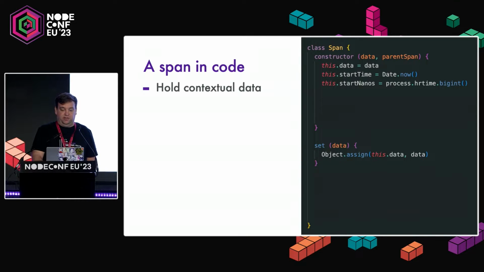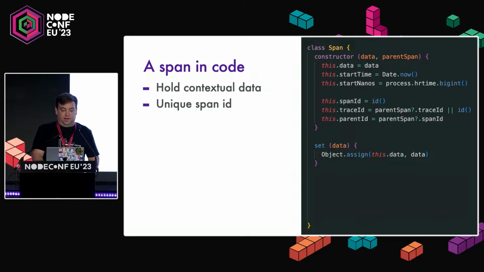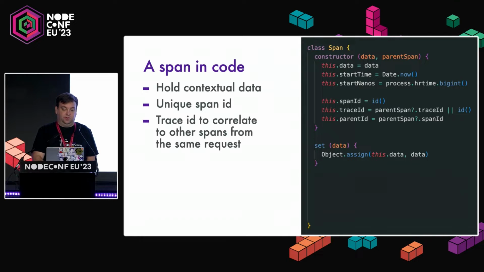The code representation of a span looks somewhat like this. It's a container to hold contextual data about what's going on, and each span will have a span ID, a trace ID to link related spans together, to group all the spans of a request together, and then a parent ID to link to what the parent was.